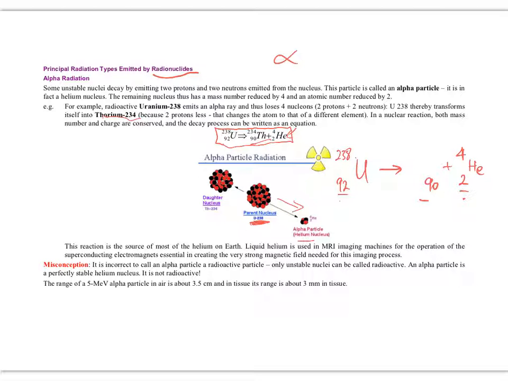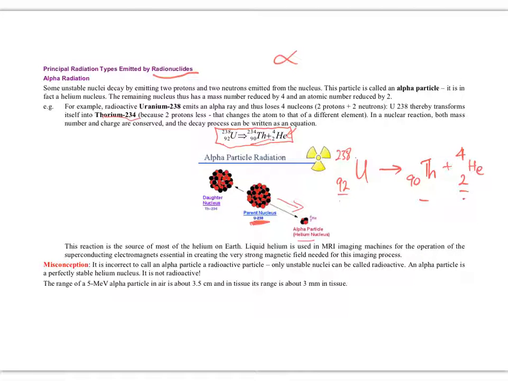So we've got 90. If we look on the periodic table, the element number 90 is thorium, TH, and it's down the bottom, just next to protactinium and uranium.